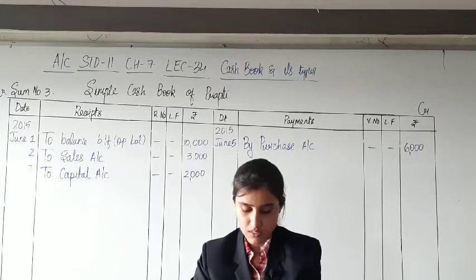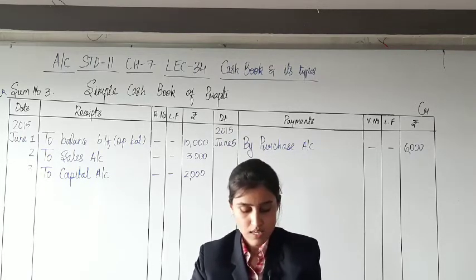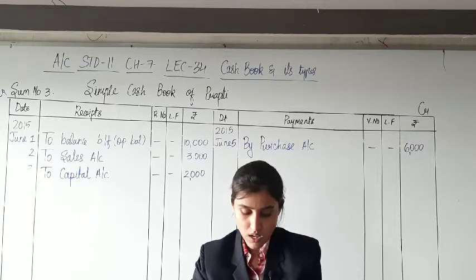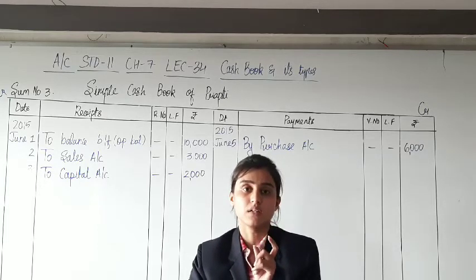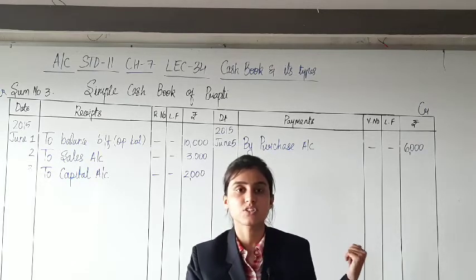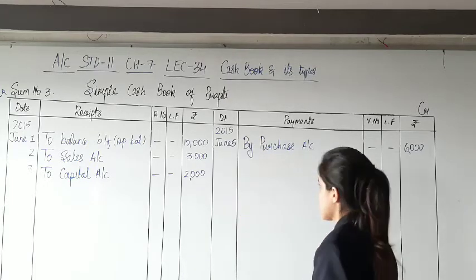Reading the transaction on 7th of June: salary of rupees 1000 and brokerage of rupees 1500 paid by cash. The word paid indicates that the transaction is to be recorded on the payment side, credit side.